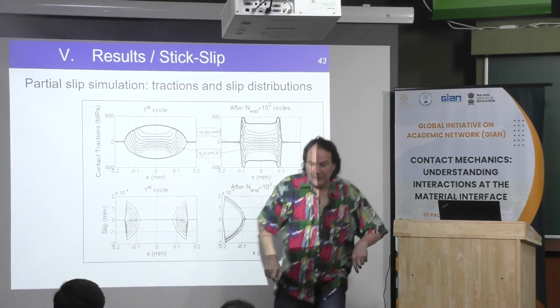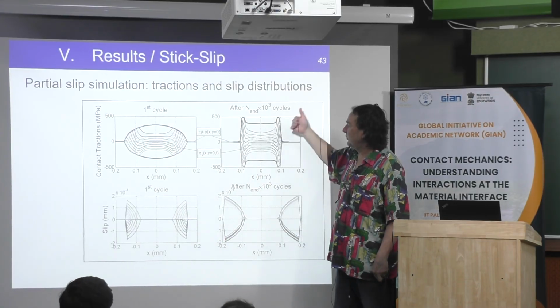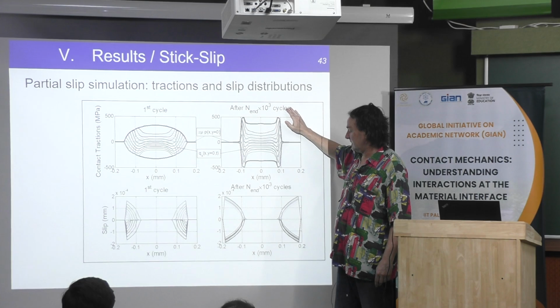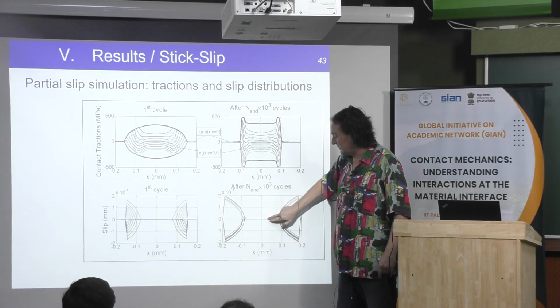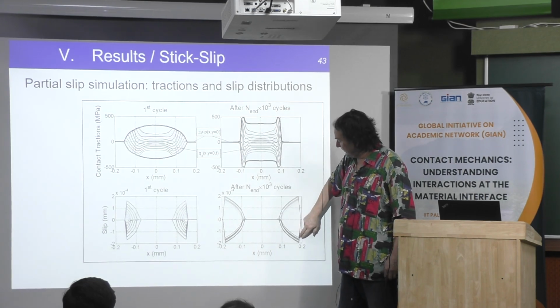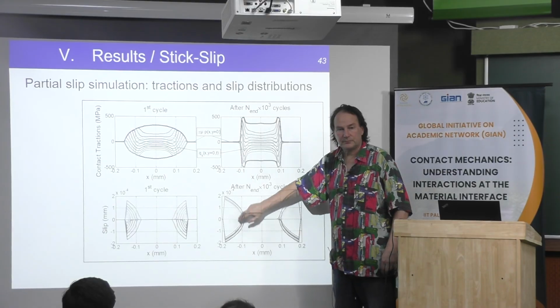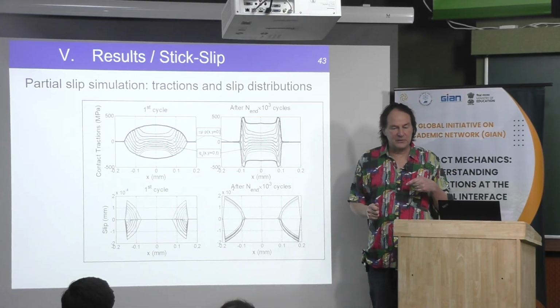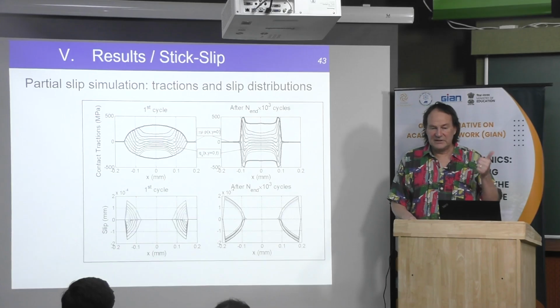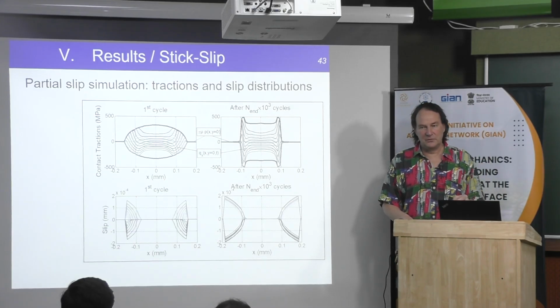Okay? And the same here, after a large number of cycles, it is always sticking in the center, and you have wear only at the border. Just to explain what I said at the beginning, which is that when you have the same friction coefficient, you remain in the same regime.